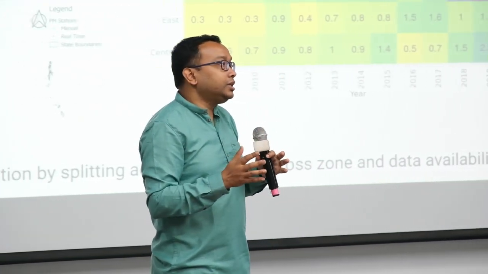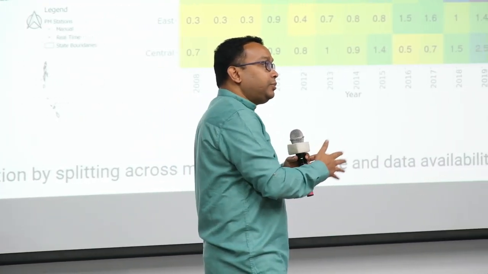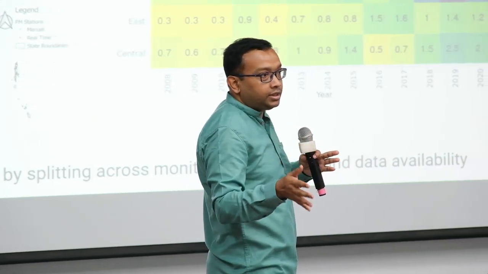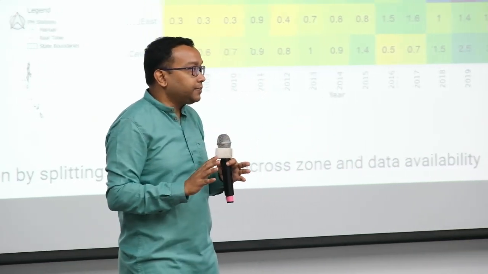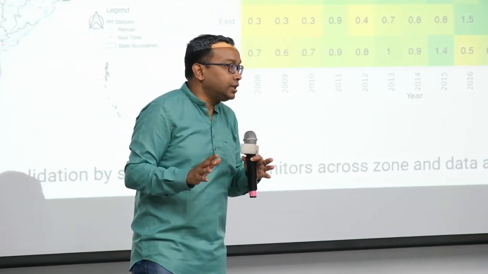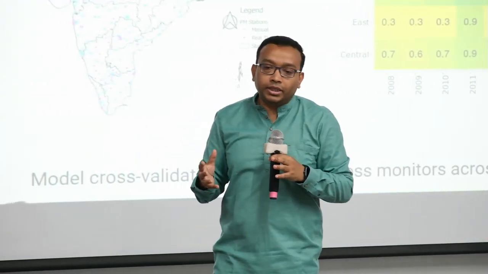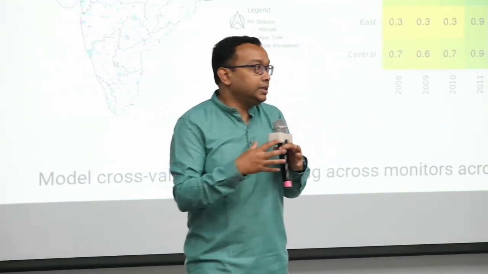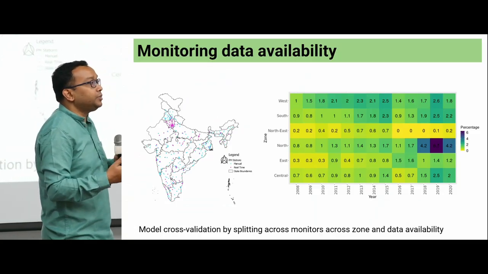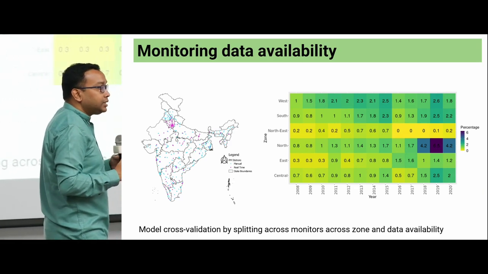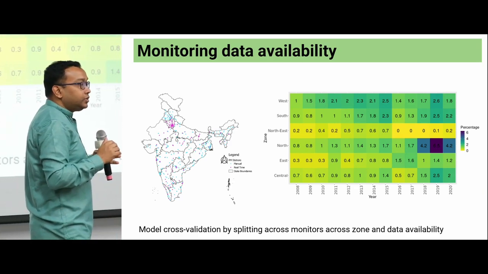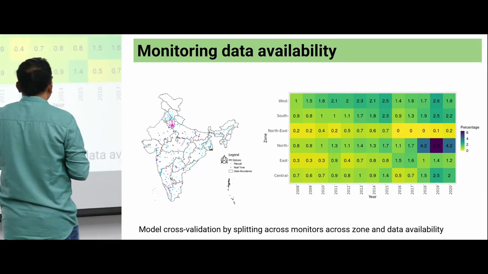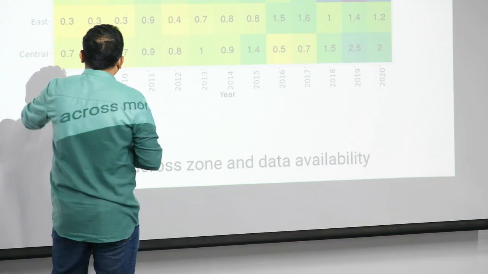So the idea is to obtain a relationship between PM 2.5 and predictors which works across the country and is validated across the country. If you are only training on monitors in Delhi, that's not going to be a good model for other parts. So that's the one strata that you have to do. The other one is the zone.